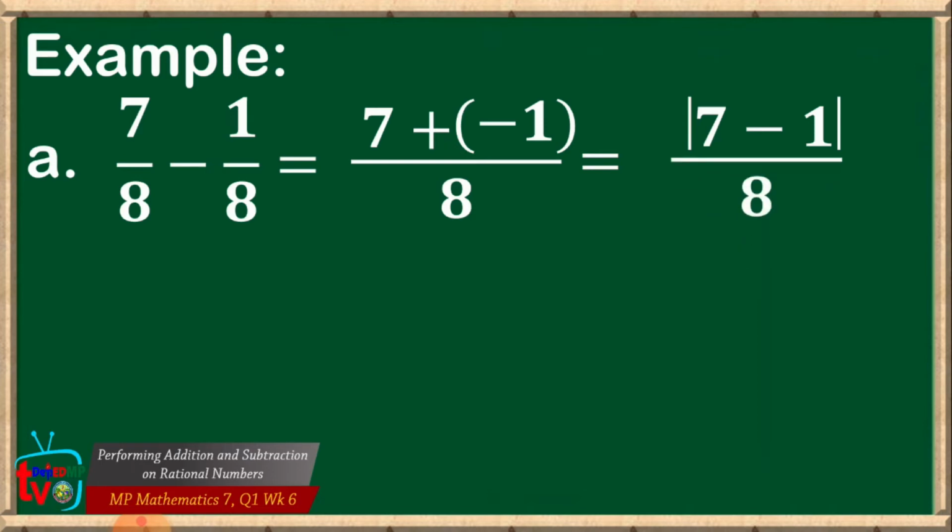Performing the operation and the absolute value, we will arrive at an answer of 6, then copy over 8. Our answer can be simplified. They are both divisible by 2. Dividing the numerator and the denominator by 2, our final answer will be 3 over 4.